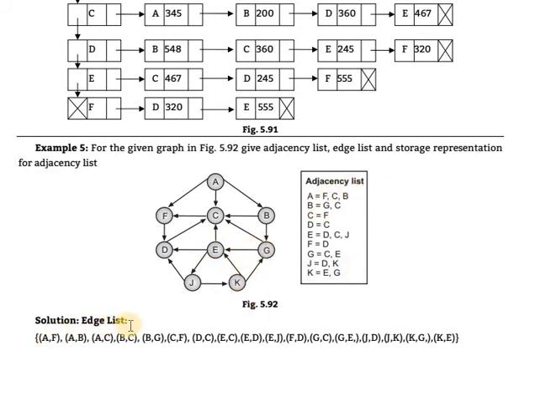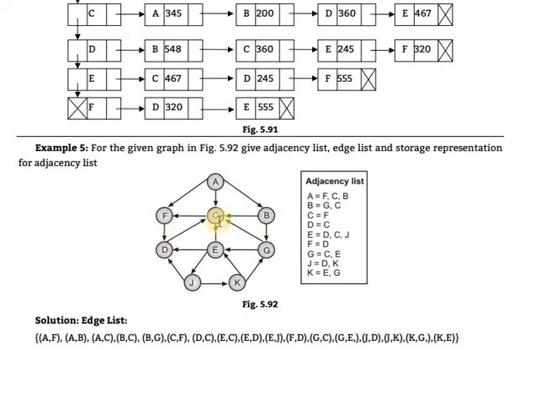After that, the edges list. How to write the edges? In curly braces, write down A to F, A to B, A to C. After that B to C, B to G. B is complete.